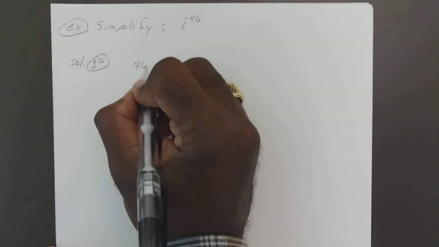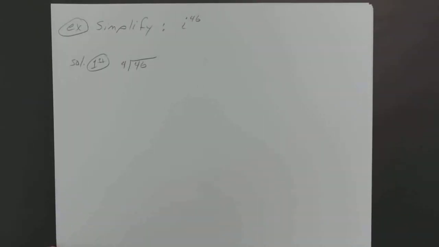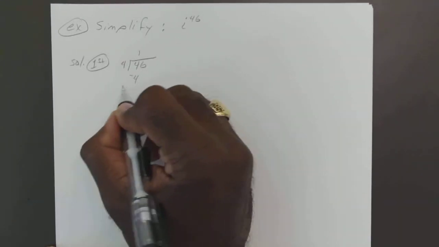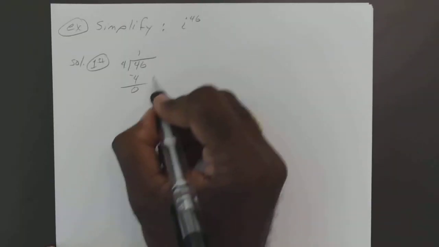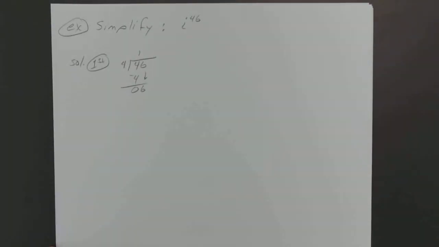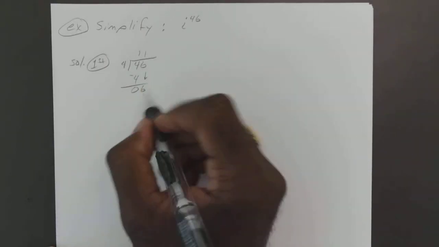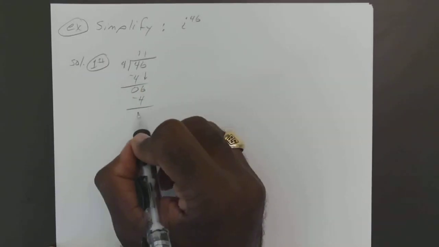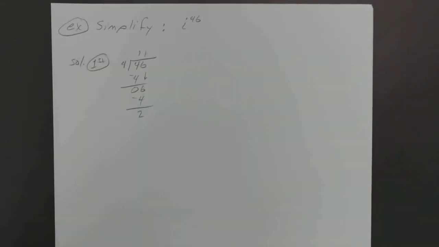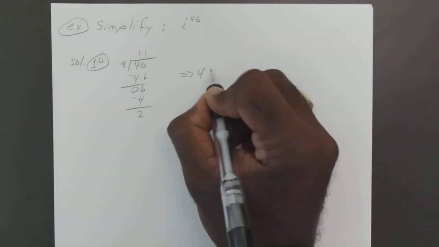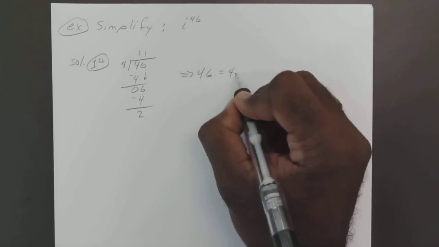Okay. So first step, you're going to divide your exponent by 4. 4 goes into 4 once. 4 times 1 is 4. Go ahead and subtract. We get our 0. Down 6. 4 goes into 6 one time. 4 times 1 is 4. Go ahead and subtract. Leave us with a remainder of 2.